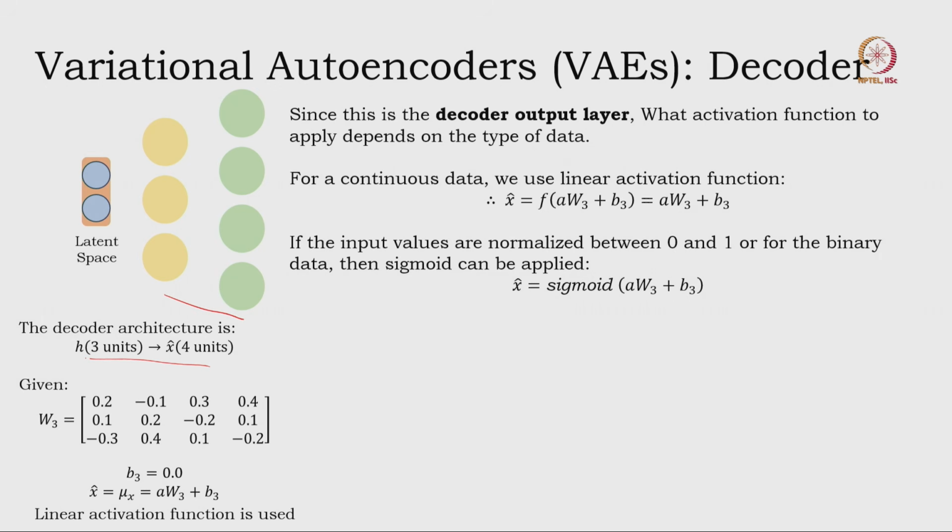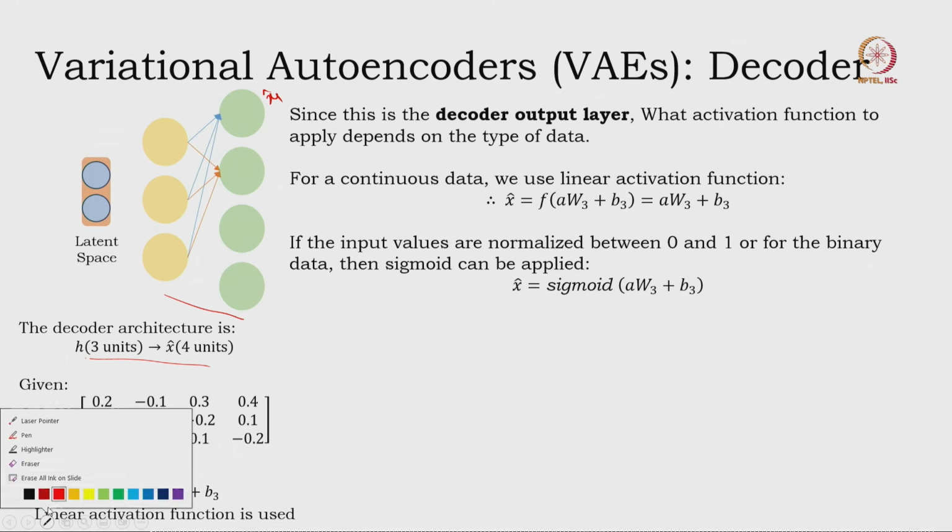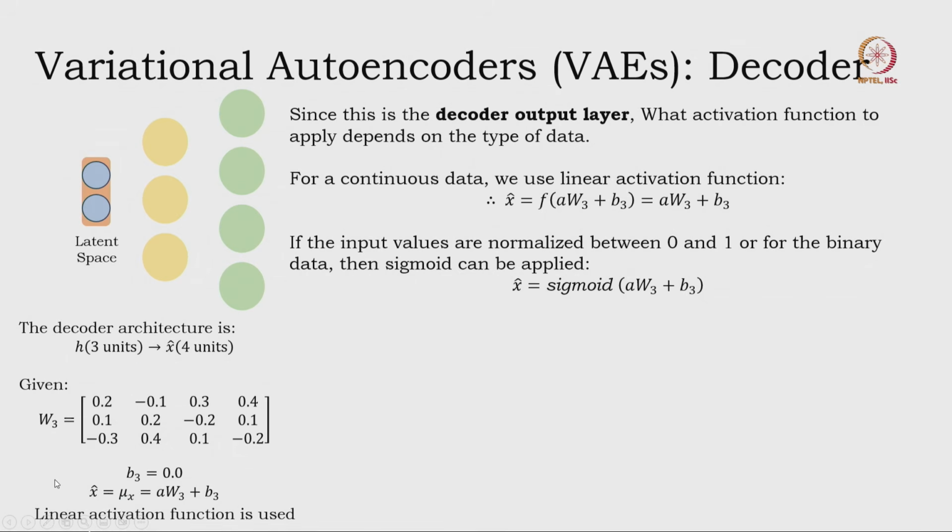First let us see this x1 hat. How will you calculate it? Is it not that the connection is established in this way? From this particular input, you establish a connection to this neuron.